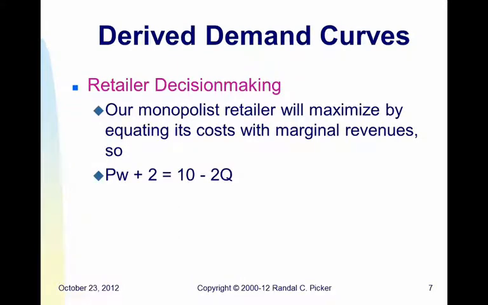What our retailer with monopoly power is going to do is take the marginal revenue curve it's facing, and that continues to be the same marginal revenue curve. The retailer is facing the same demand curve from the consumers and is therefore facing the same marginal revenue curve. To maximize its profits, the retailer is going to equate its marginal cost, and the marginal cost to the retailer of getting the next unit of the good is the wholesale price plus the actual cost it experiences. So that's the PW plus 2, and it's going to equate that to marginal revenue.